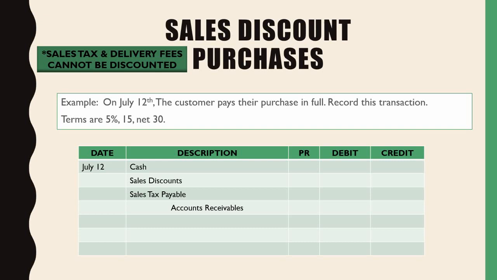The tax that we're supposed to give back to them is $4.13. So how much cash am I actually receiving? $54.13. That's how much we're refunding.